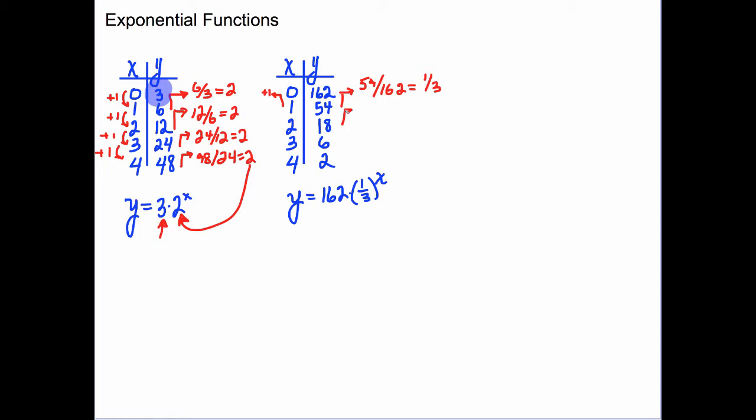If we divide 18 by 54, we get 1/3. 6 divided by 18 is 1/3, and 2 divided by 6 is 1/3. So once again, the 1/3 is the base of the exponent, and this value here, 162, when x is 0, that is the coefficient of the exponential term.